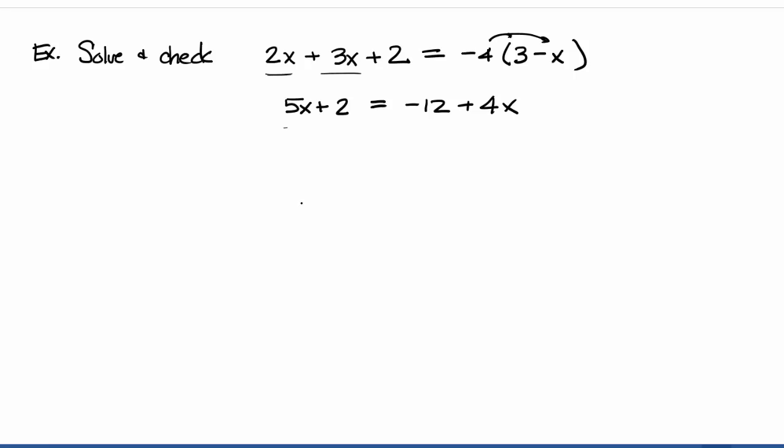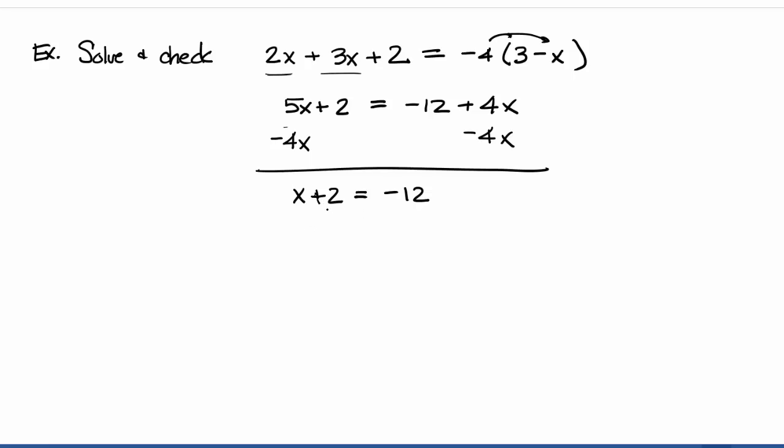So now I can start moving things back and forth across the equal sign. So again, I'm going to gather my x terms on the left. So I need to subtract 4x from here, I subtract 4x from here. That gives me just a 1x plus 2 equals negative 12.